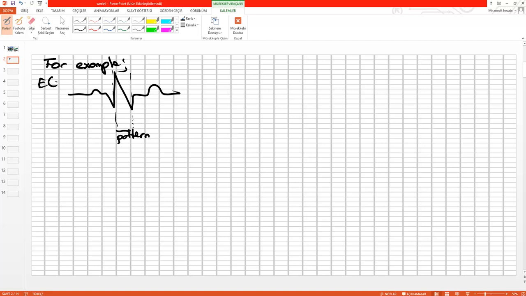Okay? For example, in the biomedical literature, this is the contraction phase, and this is the relaxation phase. But, for example, this is equal to 1, and this is also equal to 1. How can I decide the correct phase of this term?